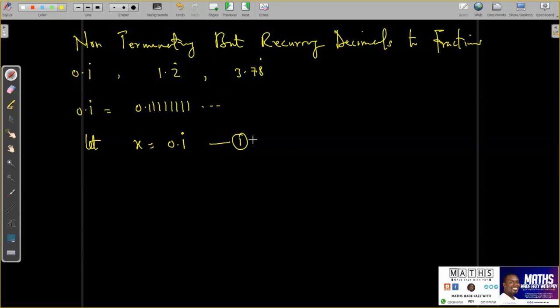Again, we've generated an equation. The next step is to move one of the digits, which is recurring, to join the whole number section. And in moving just one of it, you multiply through by 10. So we say equation 1 by 10. When we multiply equation 1 by 10, this is equation 1: x equals 0.1 recurring.